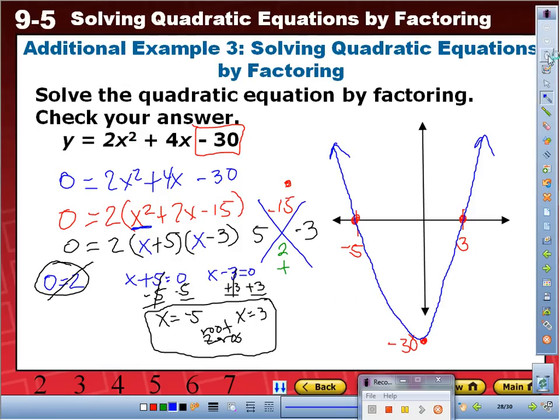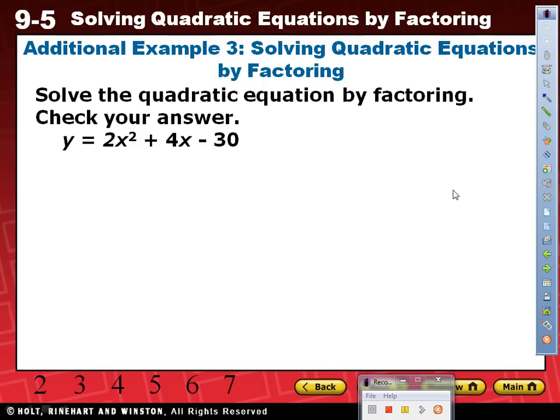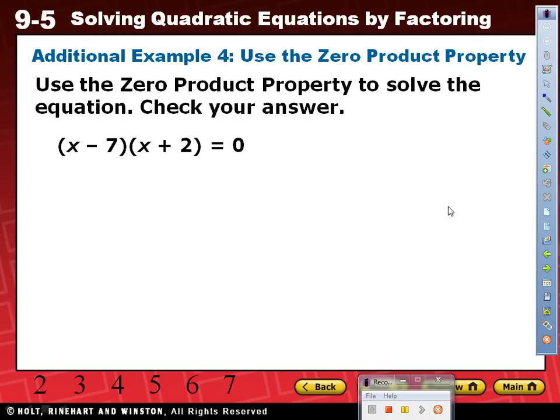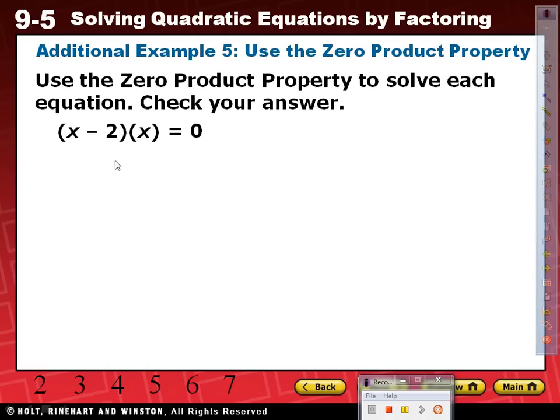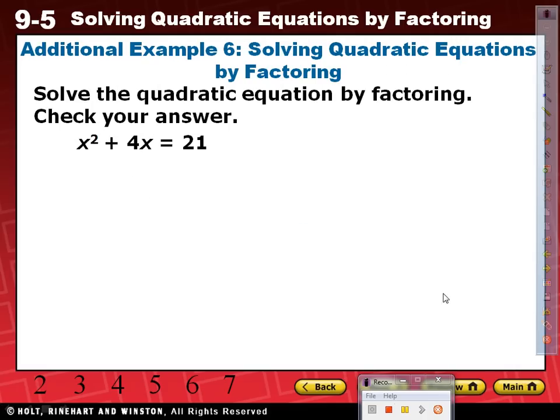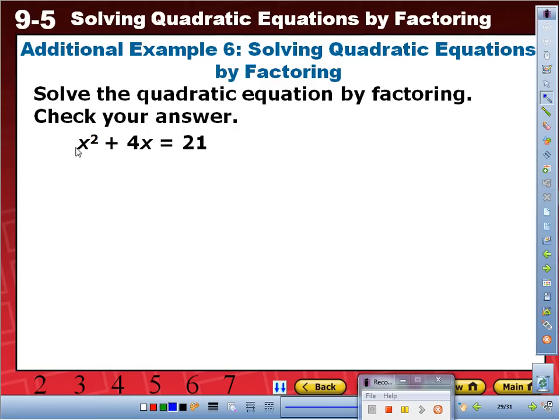So check this out. On the homework, you're going to get stuff like this. Everybody look up, please. Look at this one. Didn't they do most of the work already? Yeah. What's left? Set each one equal to 0 and solve. How about this one? Everybody look up. This one, we need to have everything on one side, don't we?